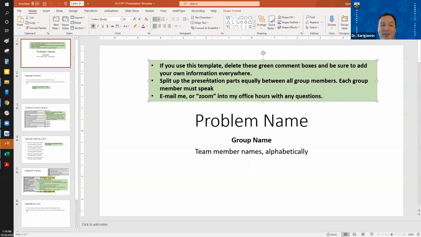The presentation, I mean, you can use this format, but just know that all your group members need to talk about at least one slide. So each group member must speak, and the beginning slide and the last slide don't count. It has to be one of the body slides. So if you're not comfortable speaking, you can't just do the title slide, right? The title slide does not count as a legitimate slide for discussion.